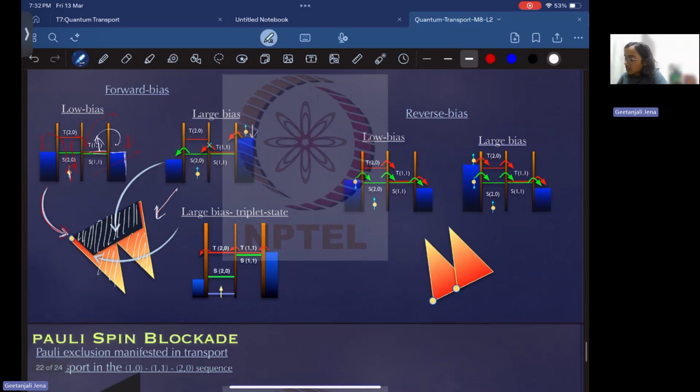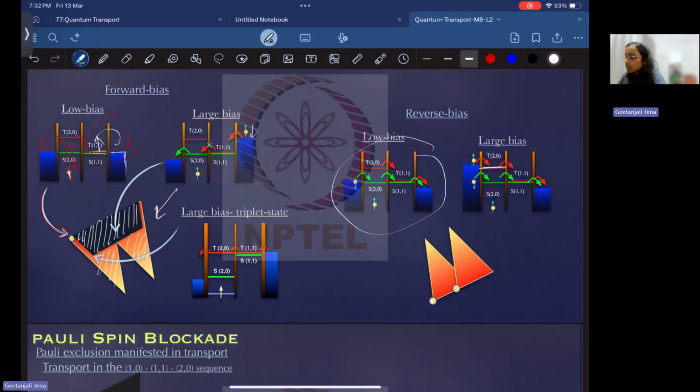Even in the low bias case, the situation is similar because it's a low bias and the Fermi energies are aligned properly. Both spin up and spin down states can contribute to the charge transport, and we'll see the charge triple point here. But for the reverse bias case, the triplet state is already aligned with the Fermi energy level.